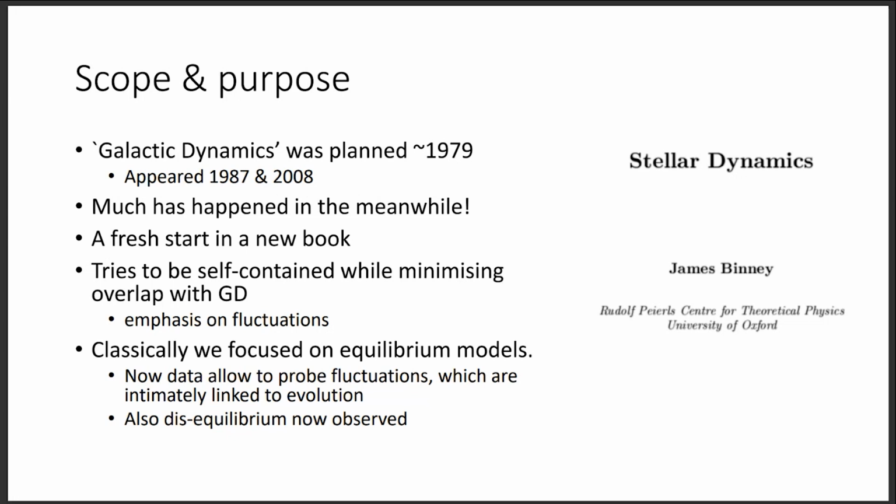But I also wanted to have a very strong emphasis on fluctuations. I feel classical stellar dynamics was very much concerned with equilibria. I mean, it wasn't entirely concerned with equilibria, but a lot of the subject was to do with steady state models. And we need to move forward from that now, partly on account of observations. We now observe our own galaxy and even other people's galaxies through instruments like MUSE in such horrific detail that we can see the disequilibrium.